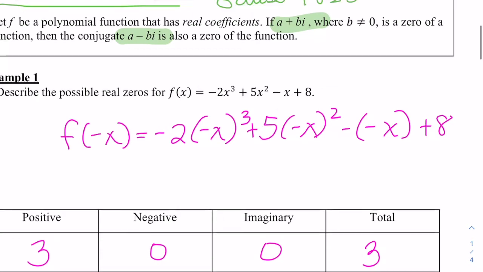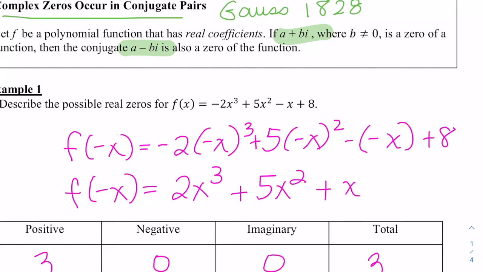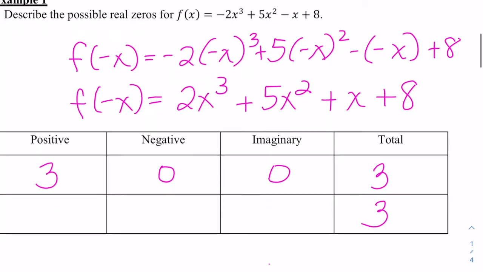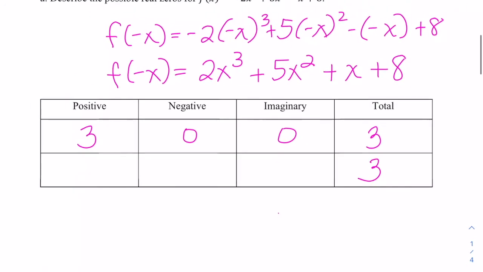So f of negative x will equal positive 2x cubed, positive 5x squared, positive x, and plus 8. Those numbers are all positive, so there are no variations. So we can confidently say that there are no negative roots, real roots at least.